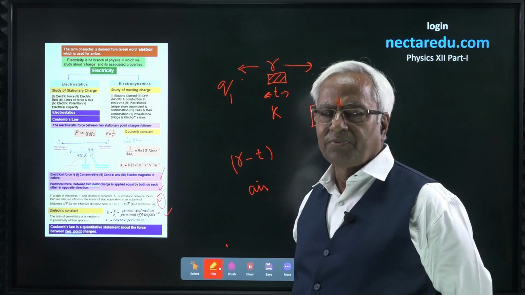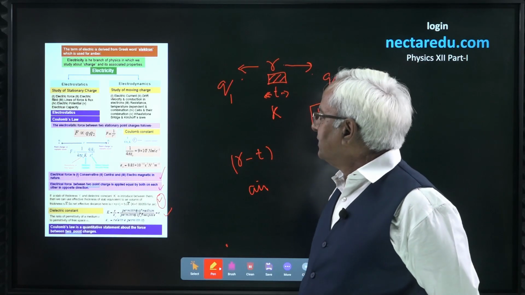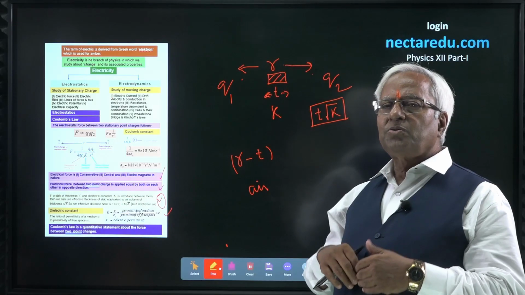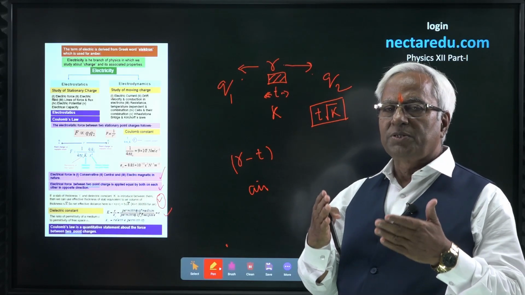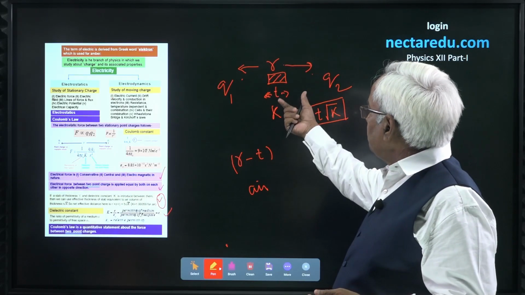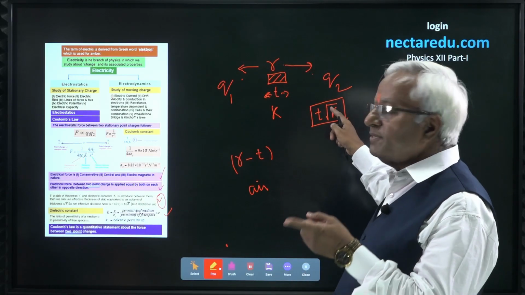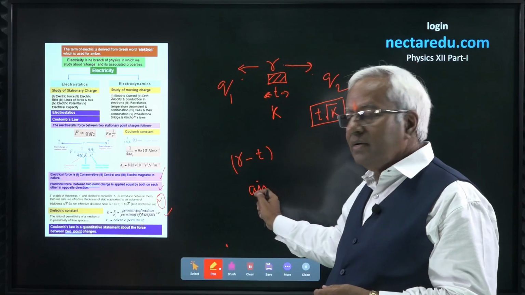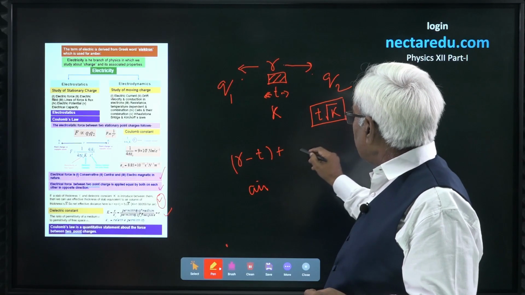Once again, I would try to make it crystal clear that this slab has thickness T, and you just want to forget it and replace it by air. You can use an air column of thickness T root K. This was the thickness of actual air, and this comes to be the equivalent.